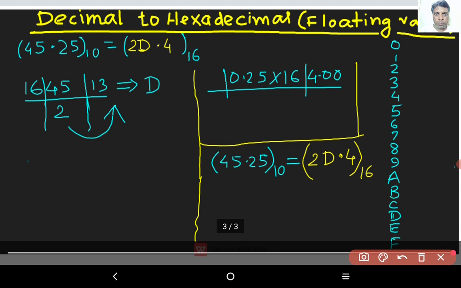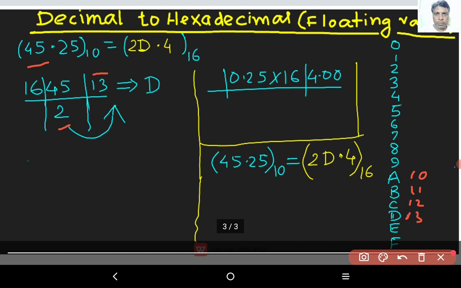We divide the whole part by 16, and dividing we get quotient 2 and remainder 13. In the hexadecimal system, 13 is D, as A is 10, B is 11, C is 12, and D is 13.